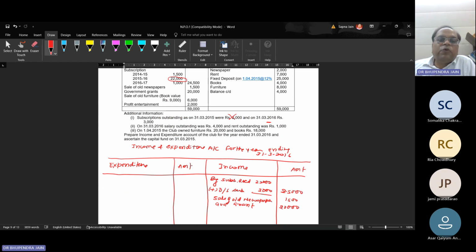Now sale of old furniture, book value 9,000 and sale value is 6,000. So this is the loss on sale of furniture. Profit on entertainment 2,000.